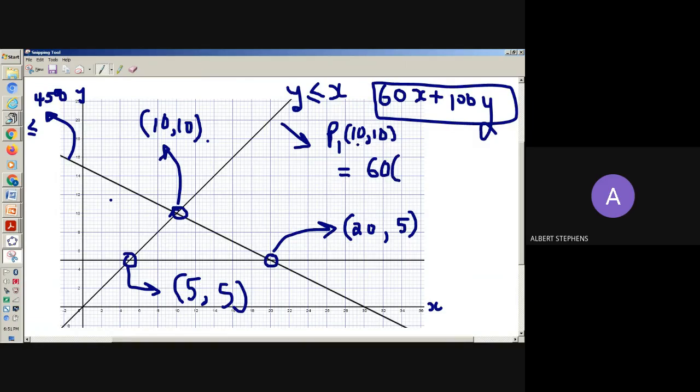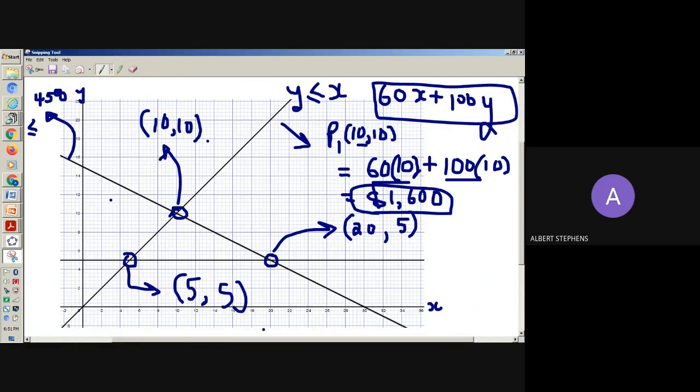What is x? 10. Plus 100 times y. What is y? 10. So this is 600 and this is 1,000. So this is going to be $1,600. In other words, if you buy 10 guitars and 10 violins, you make a profit of $1,600.